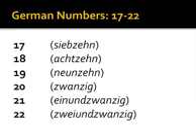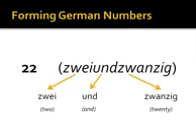So once we get up to 20, things start to look a little bit different in German. Let's look a little bit closer at number 22. In English, we say 22. We start with the higher number, 20, and then tack on the lower number, 2. German does it the exact opposite: 22 is two and twenty.